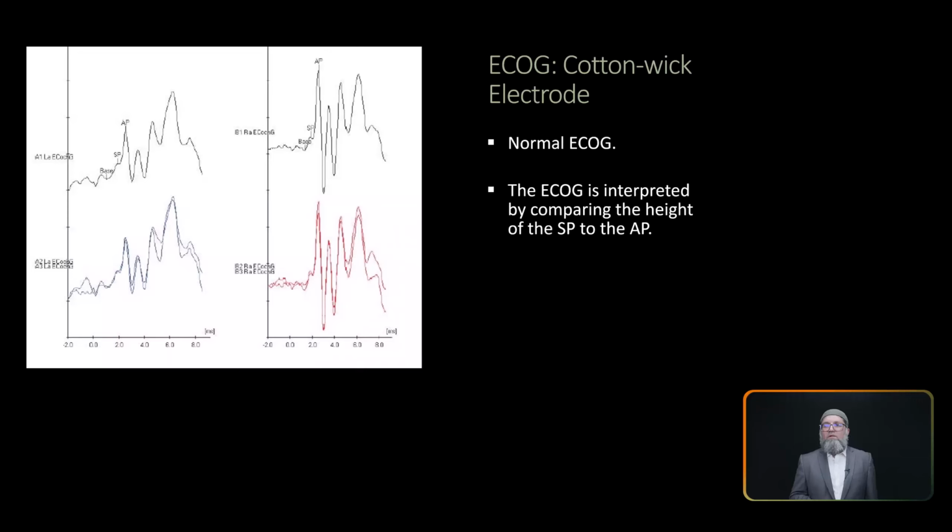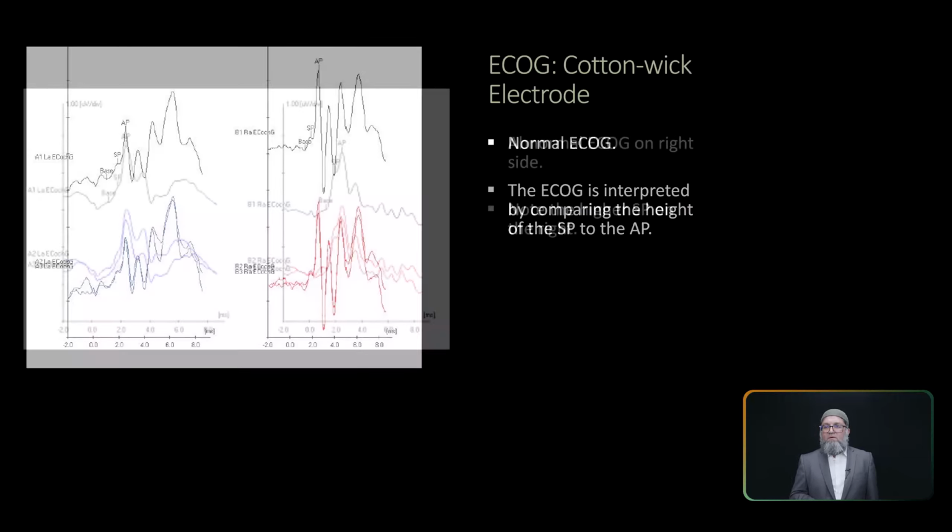On the left side, we see a normal electrocochleogram, and ECOG is interpreted by comparing the height of the summation potential to the action potential. So N1 or AP, then the summation potential and cochlear microphonic. We look at them and we can see the changes.